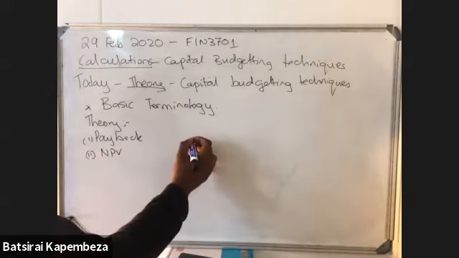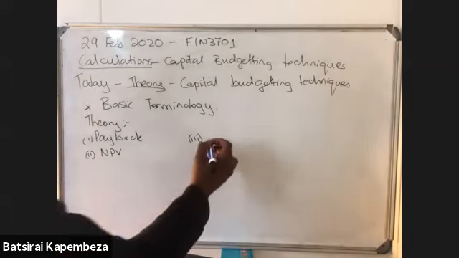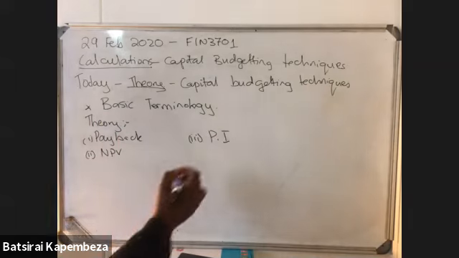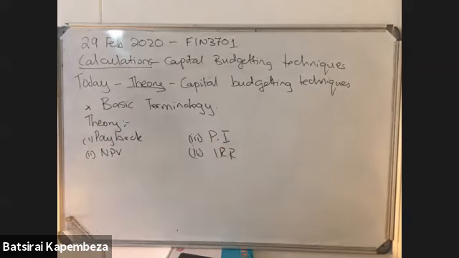Then I'll also take you through theory on the profitability index, the PI, and the internal rate of return, the IRR. These are the techniques that I talked about in study unit 2. So I'll take you through these techniques.